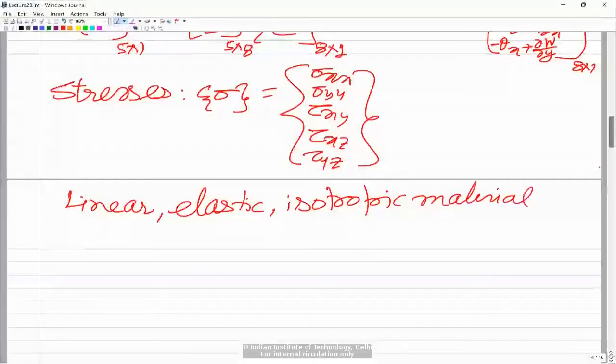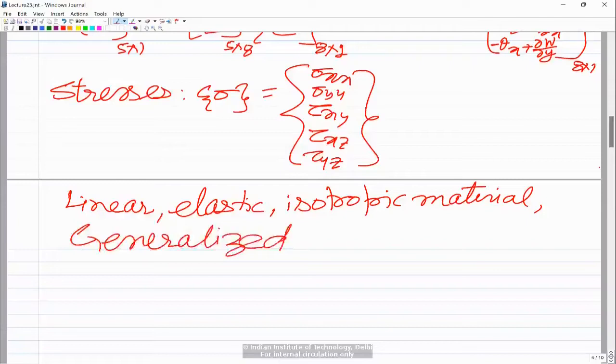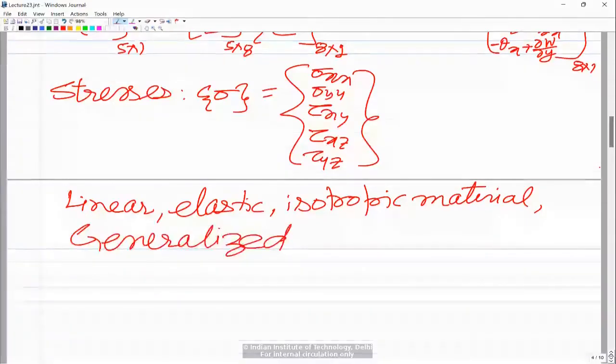And an additional thing we are assuming here is the generalized plane stress condition. When you say plane stress, then sigma zz, tau xz, and tau yz, all three stresses involving z coordinate, are 0. But in generalized plane stress, we are saying that only sigma zz is 0. So here we have generalized plane stress condition.